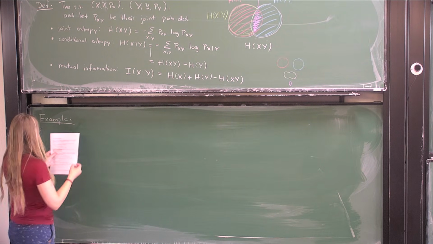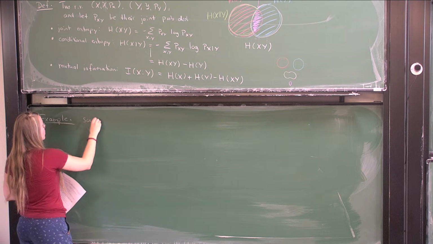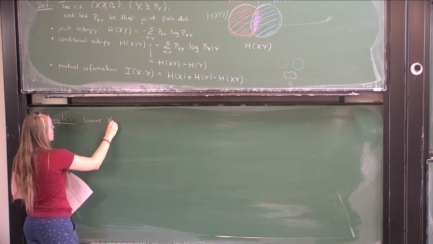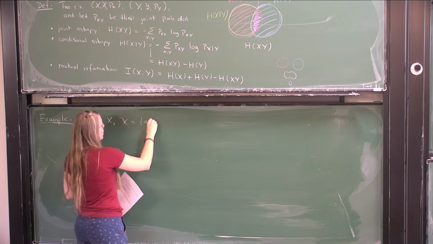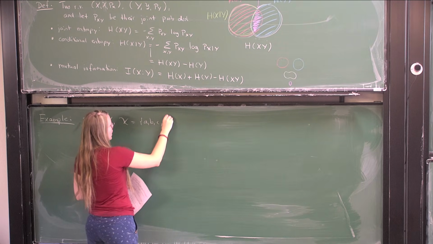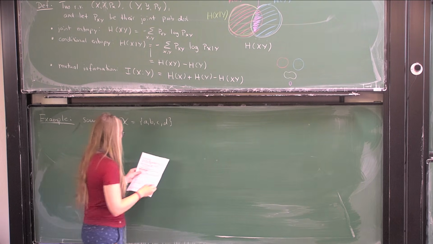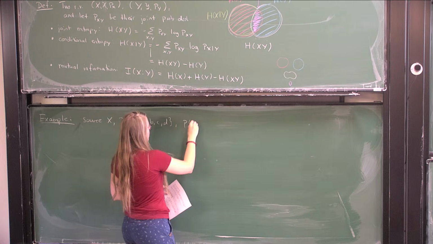Okay, so here's some tools: an alphabet that consists of 4 values, A, B, C, D, and some probability distribution.